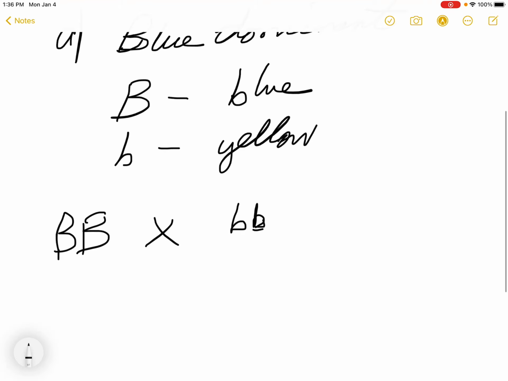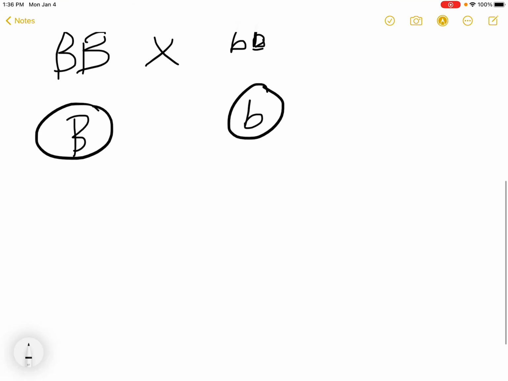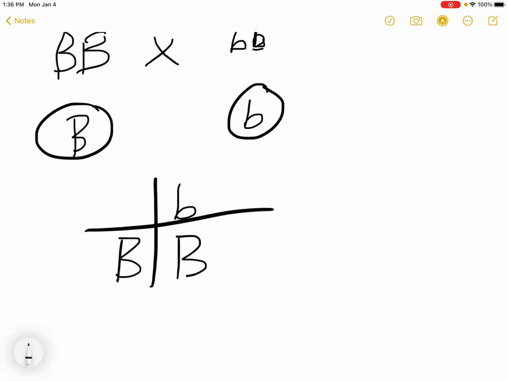So if we look at the kinds of alleles that we could get, this is basically just a monohybrid cross. There's only one possible gamete from this one and only one possible gamete from the other. And so if we cross those gametes in a very simple square, we will get only that option.